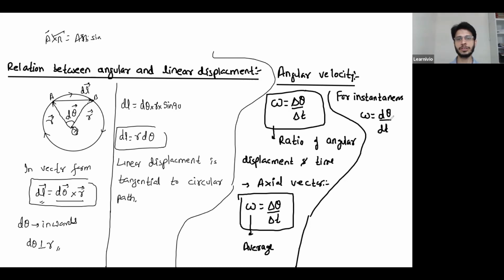For instantaneous value, we always differentiate. For average, we take the ratio. This is what we did in velocity and speed too. The average speed was the ratio of displacement and time, but for instantaneous, we differentiated it. Its SI unit is radian per second, radian second inverse.